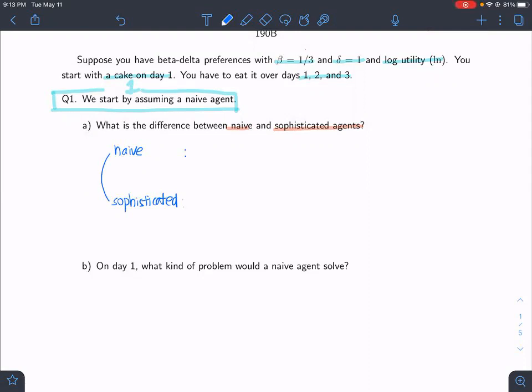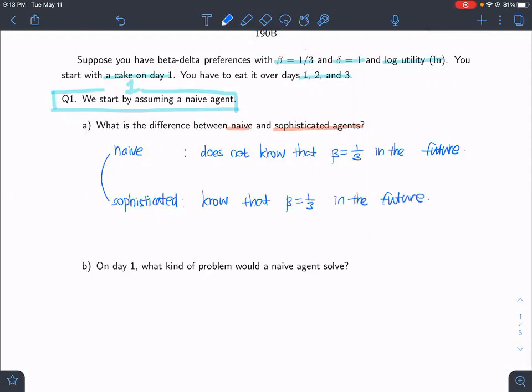So they do not know that beta will be 1/3 in the future. Sophisticated, they fully know about their time inconsistency. So they know that beta equals 1/3 for the future agents.